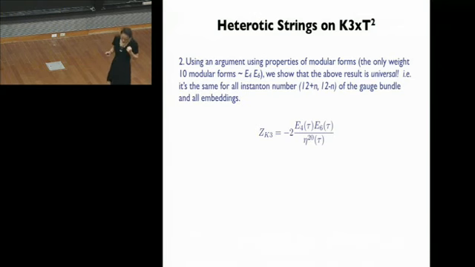So the first thing we realize is that it has been mentioned before in the earlier literature in the late 90s, I have to say, but you can prove this rigorously using an argument based on the properties of modular forms. More specifically, the only weight 10 modular form is given by E4 times E6, up to a multiplicative constant.